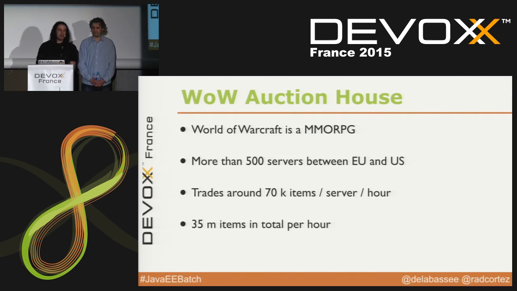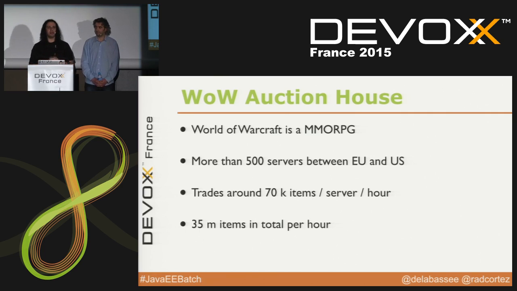For those who don't know, World of Warcraft is a massive multiplayer game. It has more than 500 servers between Europe and US. The game has something called an auction house, so you can think about it as like an eBay, where you can trade items in the game: sell, buy.